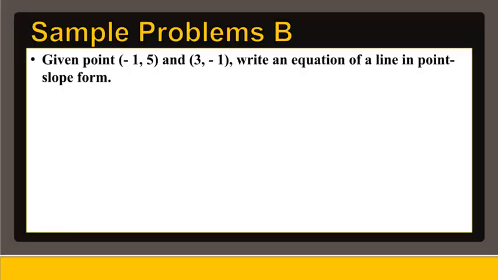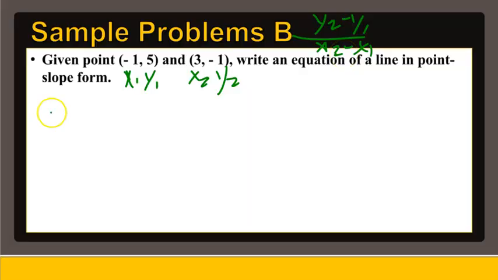And our last one here, given points negative 1, 5 and 3, negative 1, write the equation of a line in point slope form. So first we need to find our slope. So x1, y1, x2, y2. Use the slope formula of y2 minus y1 divided by x2 minus x1.